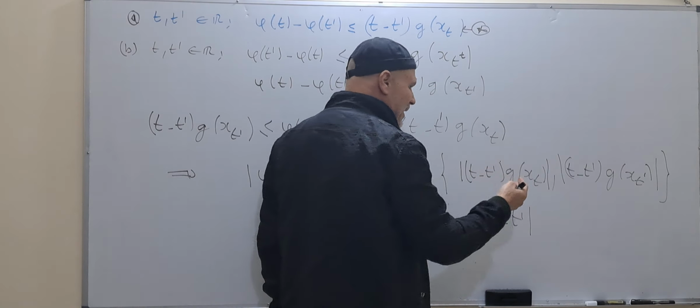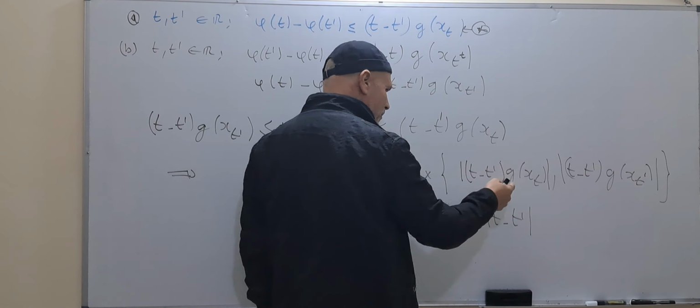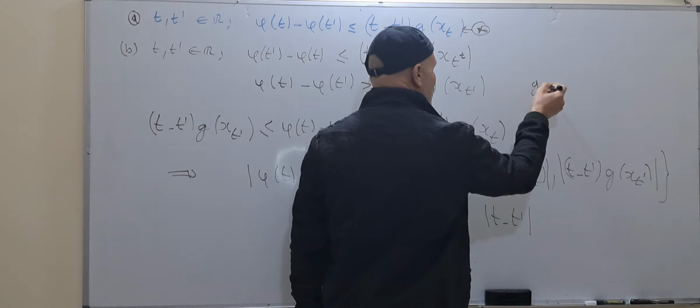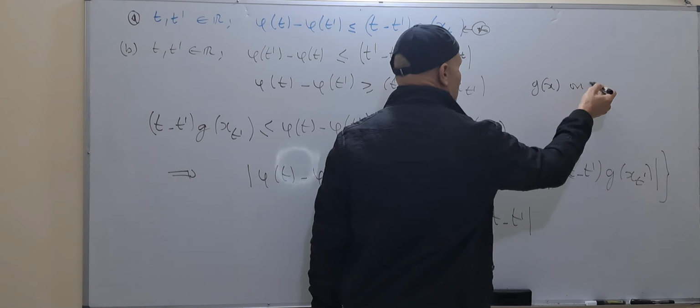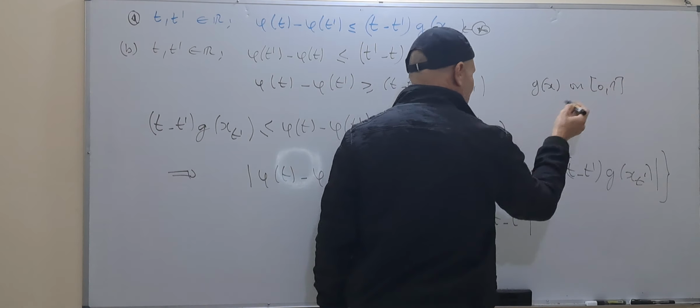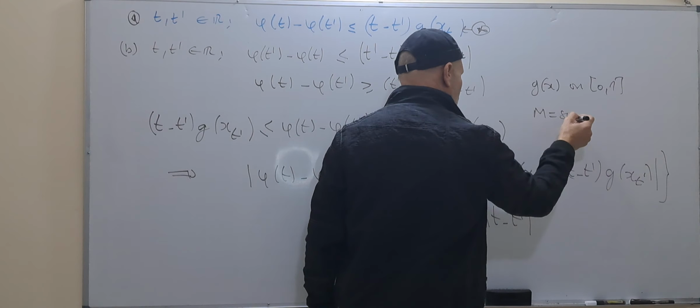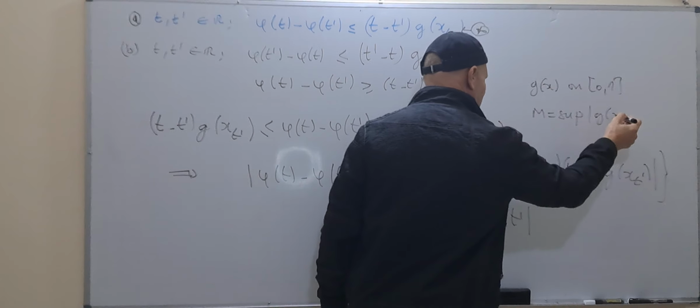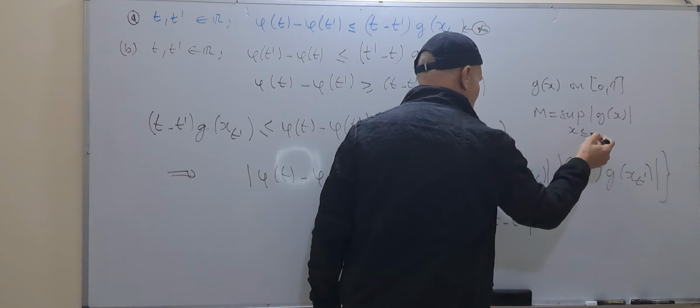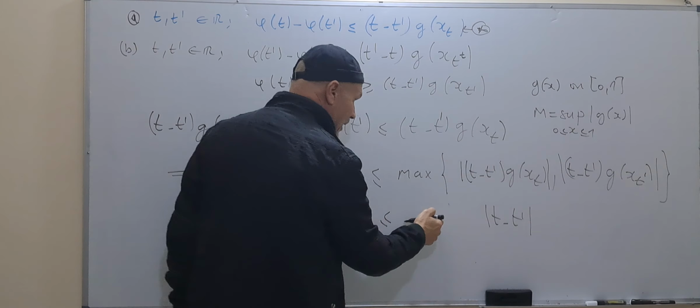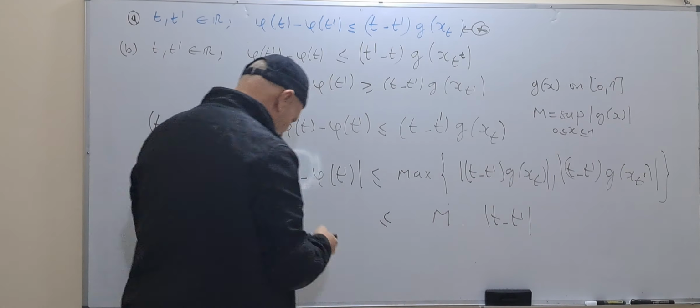It can attain, but they are less than the maximum of g of x on 0, 1. If we take m equal to the supremum of g of x, x between 0 and 1, we can put it here.